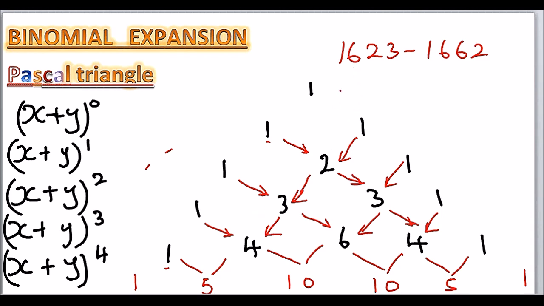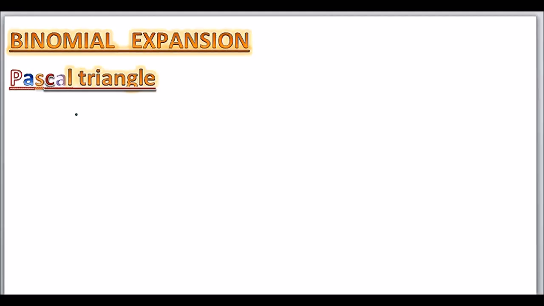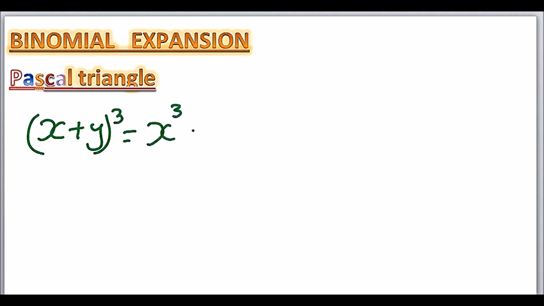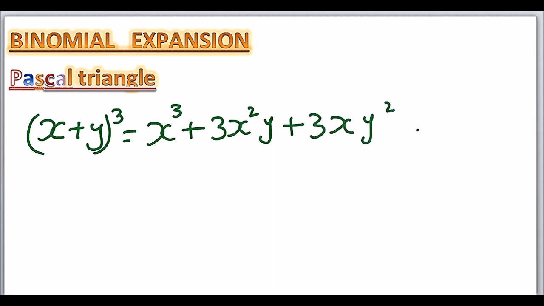Then let's have a look at the way the powers are behaving. For us to see how the powers are behaving, I want to consider 2. Then you can look at the others on your own. So we have, for example, (x plus y) cubed. When we expanded, we had x cubed plus 3x squared y plus 3x y squared plus y to power 3.